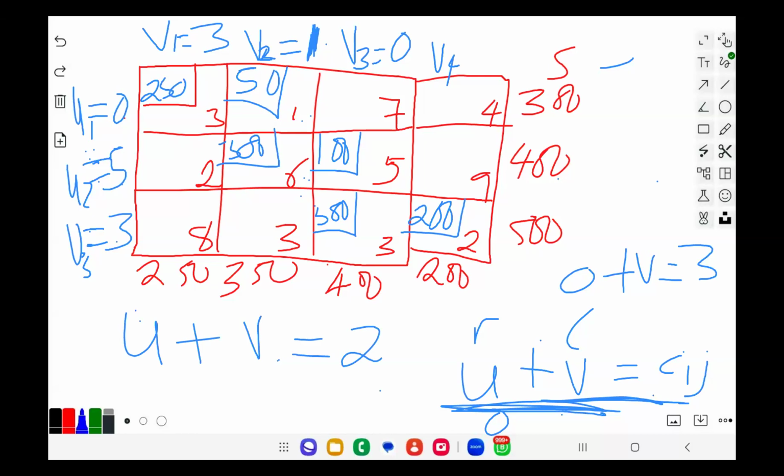At the left, you have U along the rows. U is 3. How much should V be so that you get 2? It is supposed to be -1. So V4 is equal to -1. Simple like that.